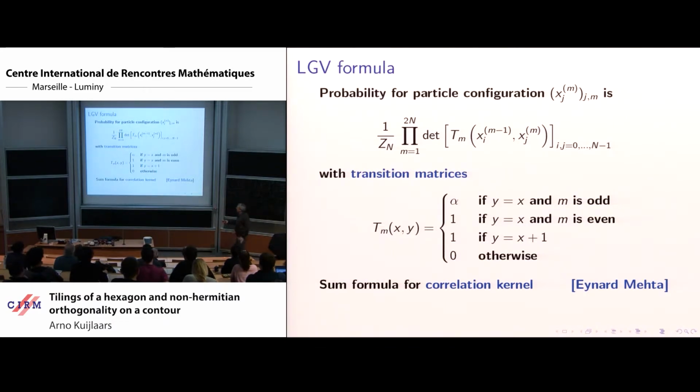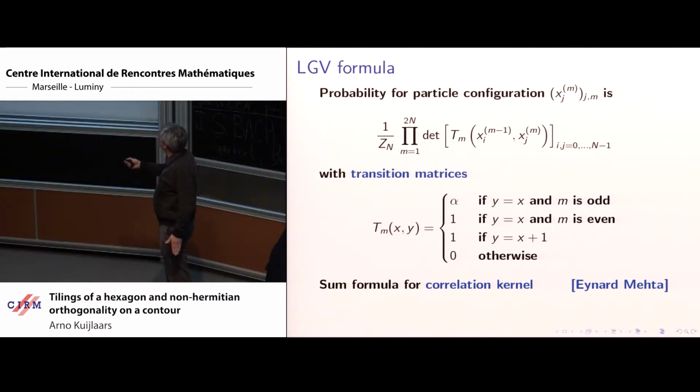It means that if we go horizontal with a certain weight, it is alpha or 1, right? That depends on whether we are at an odd or even m. And if we go up, so if y is x plus 1, we go 1 up, and there's a weight 1, so that comes into this transition matrix as a 1 here. And otherwise, you get zeros.